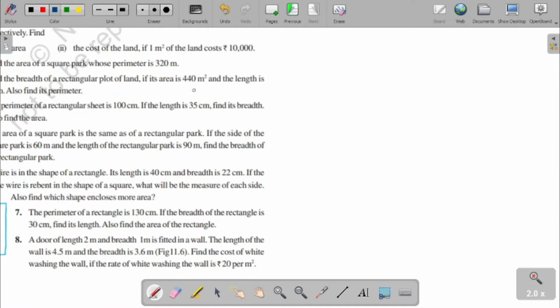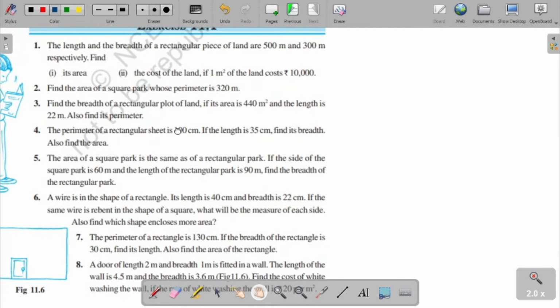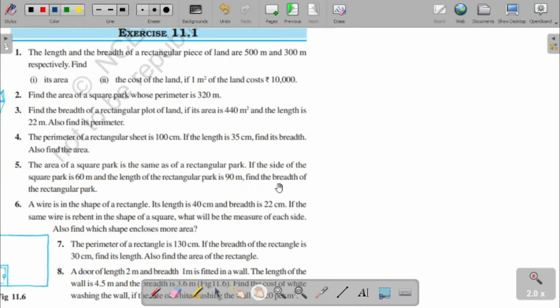So in question number 2, find the area of the square plot whose perimeter is given as 320 meter.